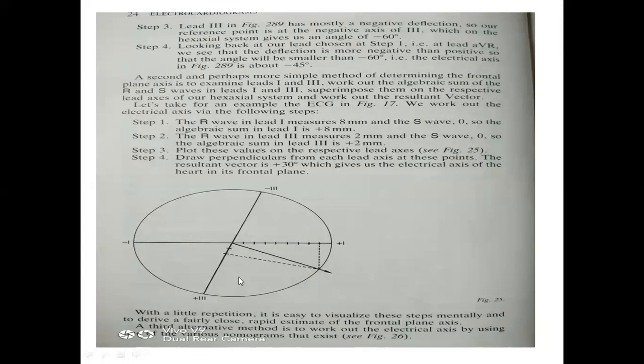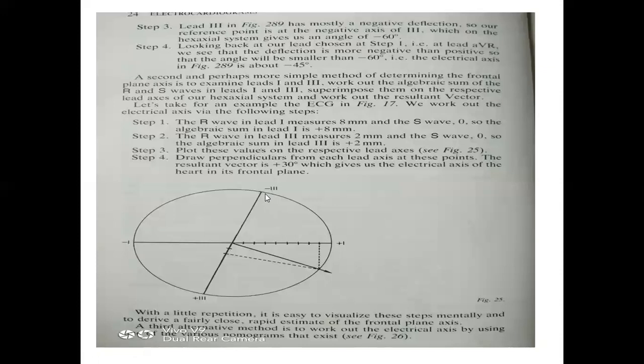So this is the axis of the heart. To exactly find out the axis, first take lead 1. In this case, 1, 2, 3, 4, 5. So this is the marking of lead 1.